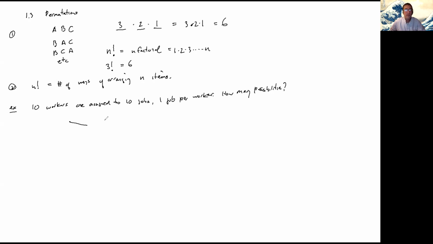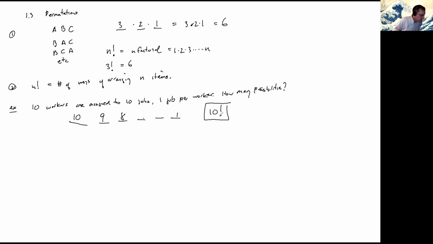Well, we can think of performing 10 experiments. So for the first worker, there are 10 choices of jobs he or she can take. But then with the second worker, there are only 9 jobs left. And with the third worker, 8 jobs, all the way down to 1. So 10 factorial is the answer.